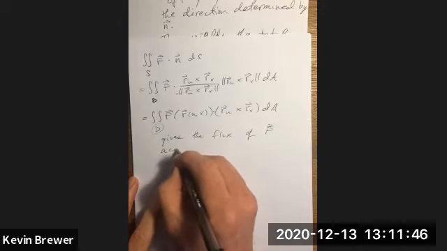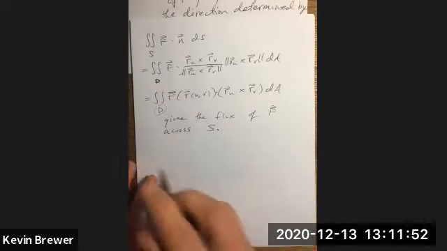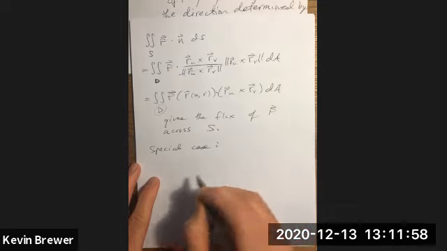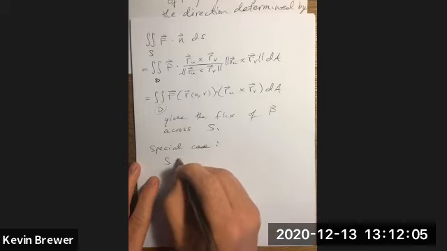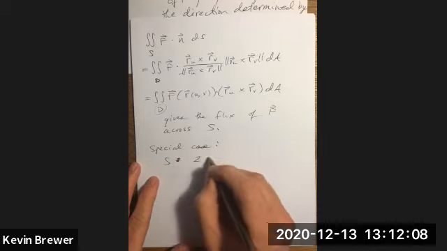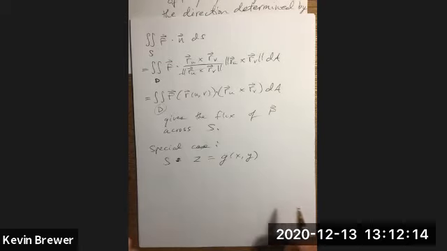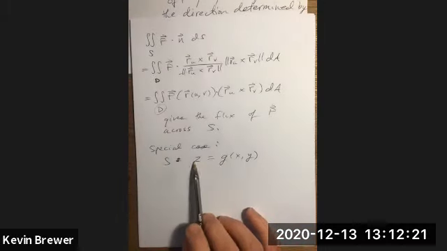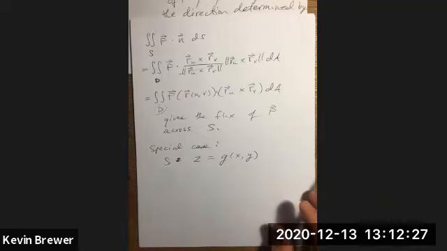Let's look at the special case where S is given by Z equal to G of X, Y. So not this case, but a case where Z on the surface is a function of X and Y. Then we need the normal vector.